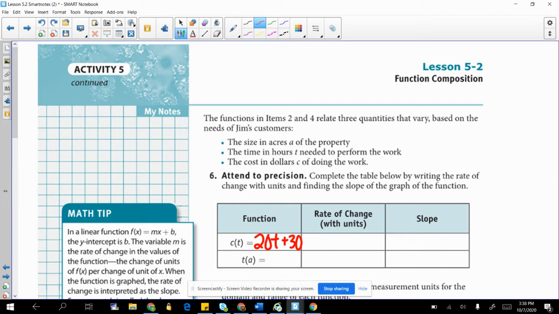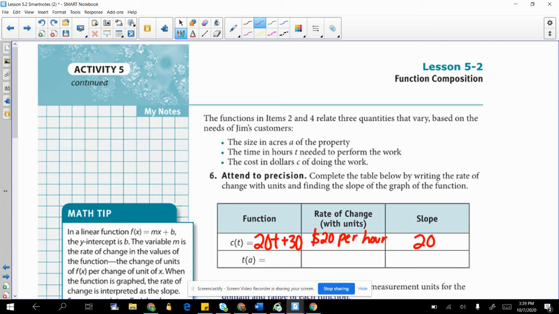So slope, obviously, we can see is that 20, and the y-intercept would be the 30, right? So then rate of change, if we think about it in context, that is $20 per hour. And remember, your rate of change or your slope always has like a per or an each or an every.